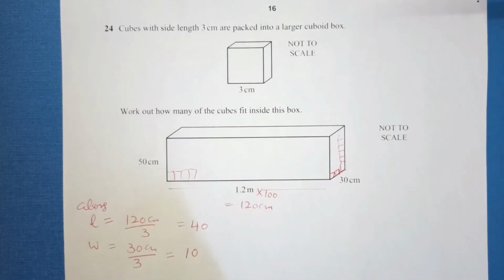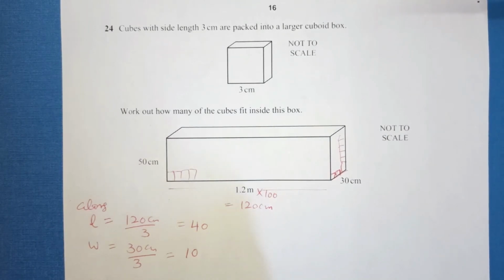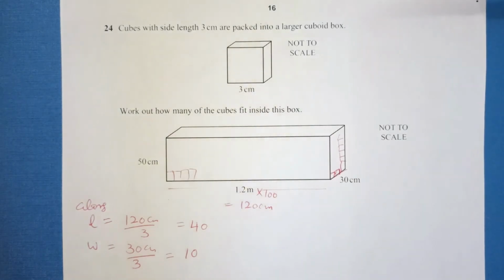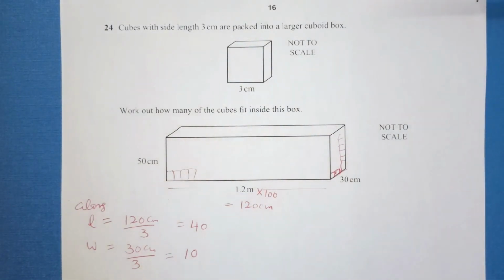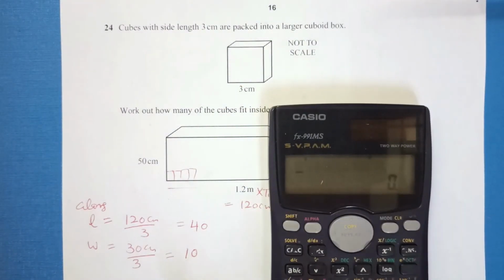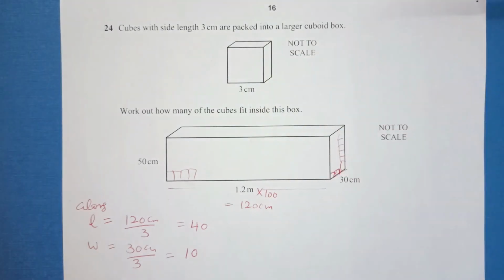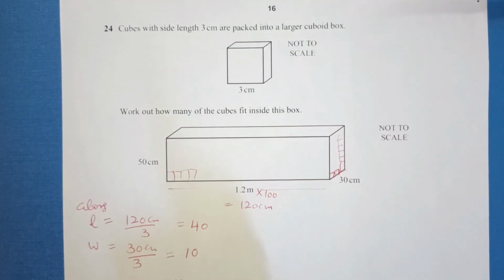And along the height is 50. So 50 divided by 3, let me check, is 16.6. So we can take the minimum, 16.